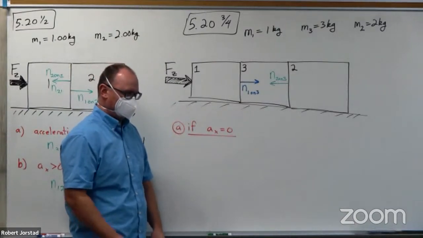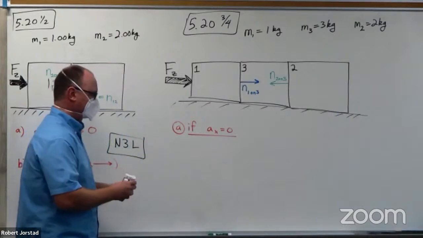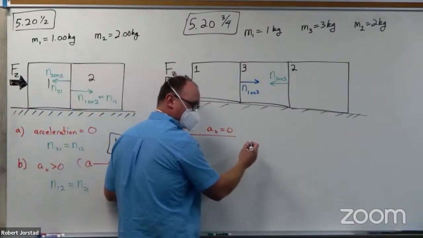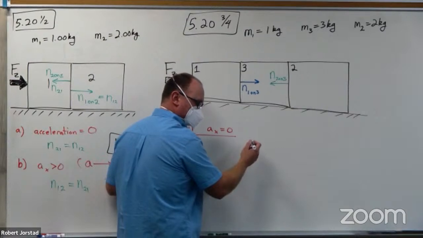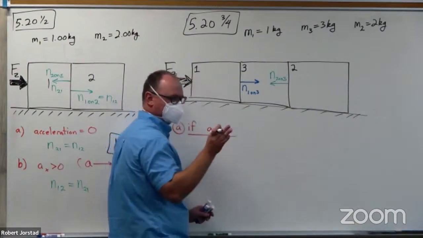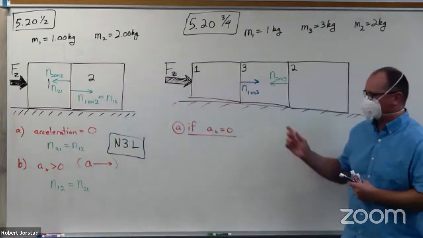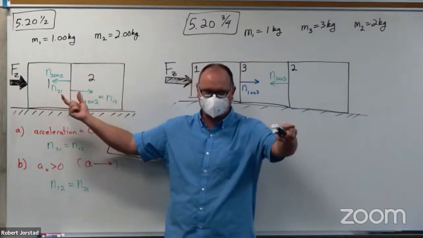No, oh no, it's an equal. Because 3 is pushing on 2, and then that causes 2 to push on 3. But you were saying something about action reaction. Every action has a reaction, but that's not valid here. Action reaction applies where it's the same two objects. And that's what I wanted to check.